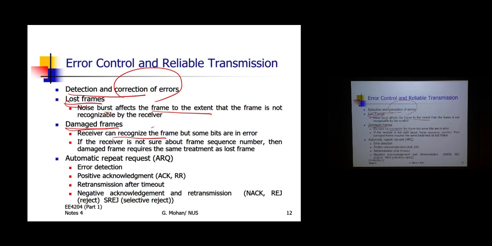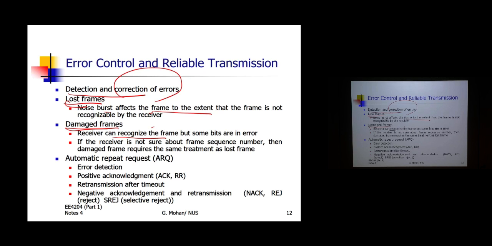During propagation, if a frame is heavily damaged, the other party may not even know that it's receiving some signals, part of some frames. Okay. So we need to deal with both. Sometimes some approach, some policy may solve both, whether it's a lost frame or damaged frame. Okay, the same protocol will work. Okay, sometimes we can differentiate.